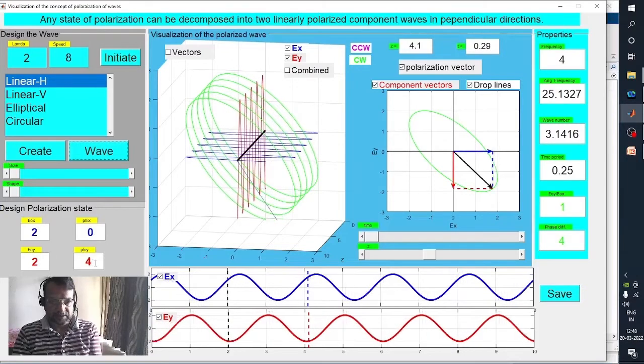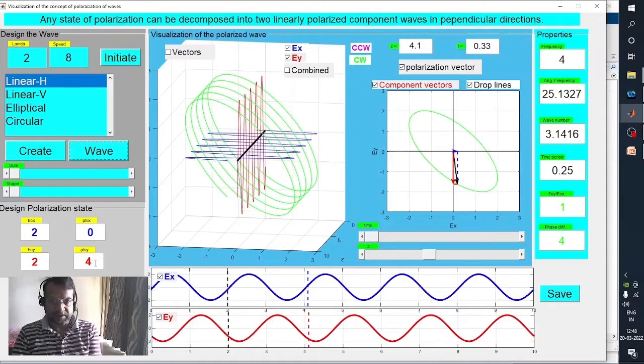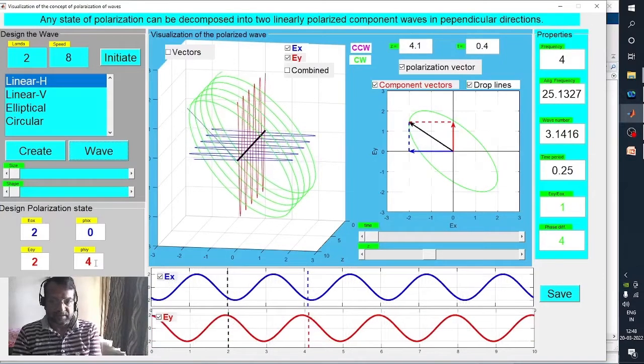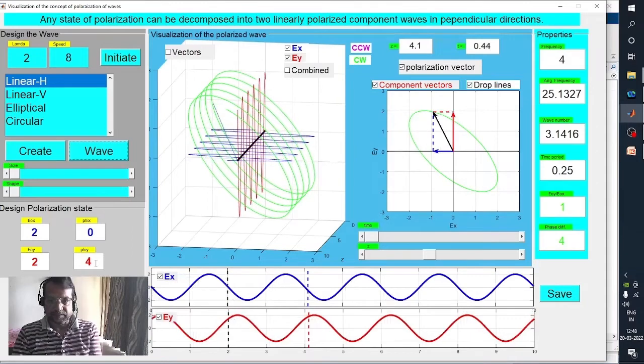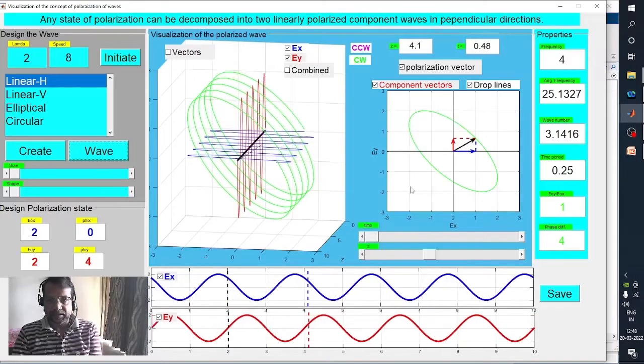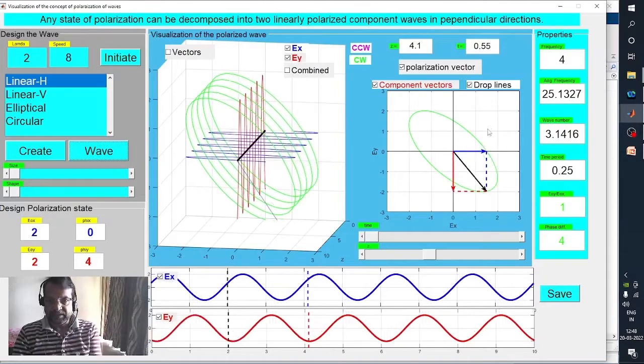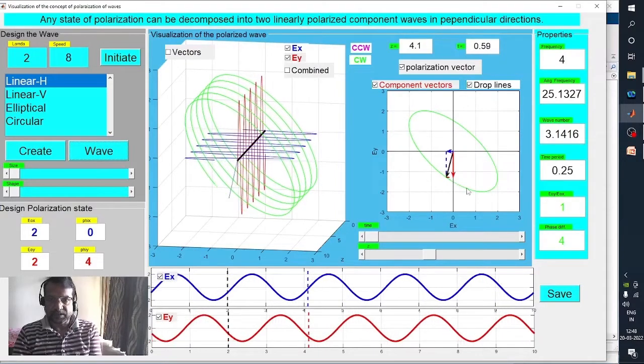And as the phase difference further increases, at 4.71 this becomes a circle, and after 4.71 it again becomes an ellipse, making an acute angle with the x-axis. Nevertheless, the rotation will be clockwise.